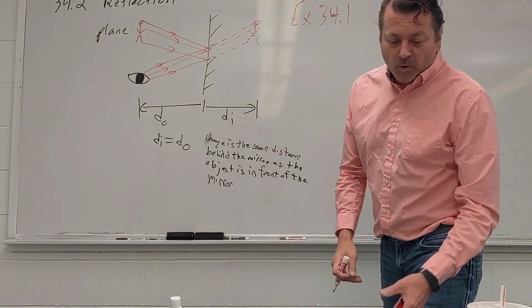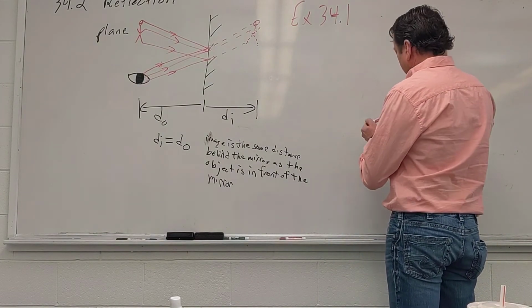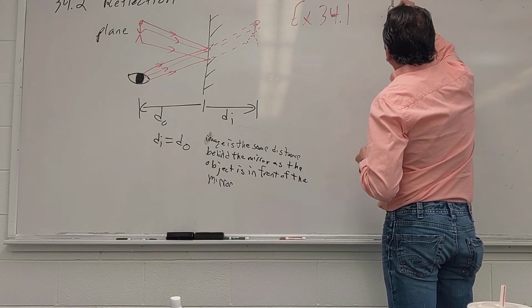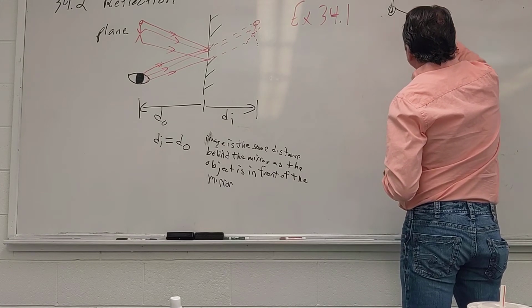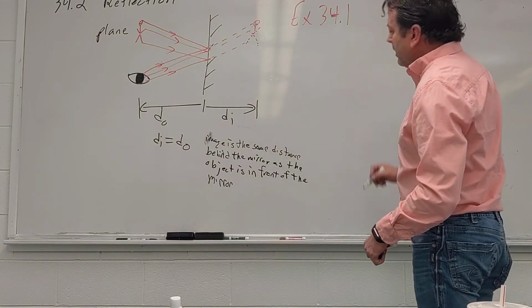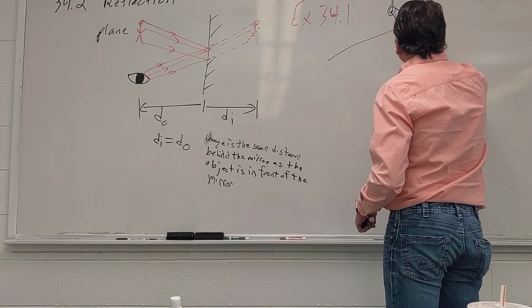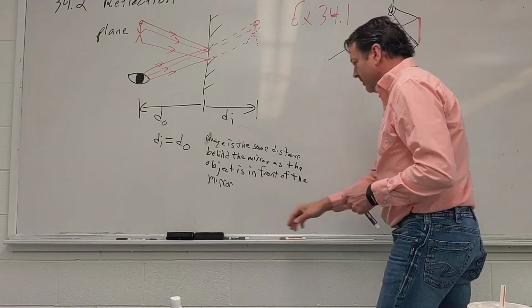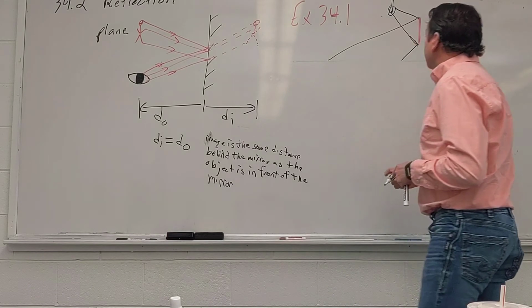Now, example 34.1 basically has a mirror. And it says, hey, we've got a light bulb here. Light from it hits here and goes over there, and there's, say, a wall or a floor here or something.